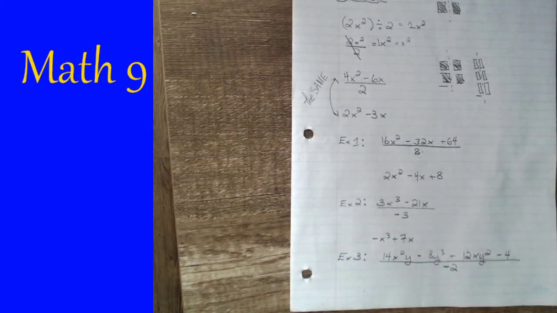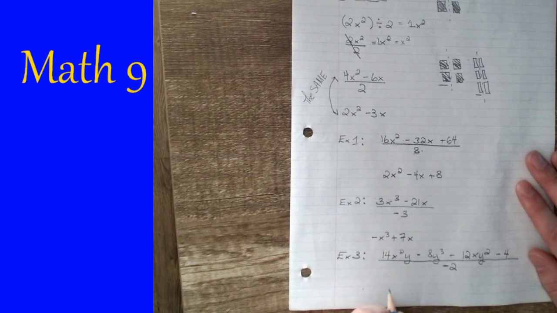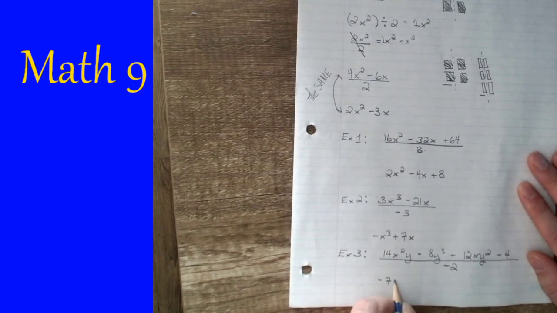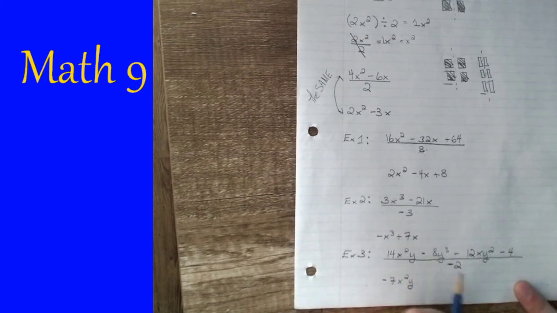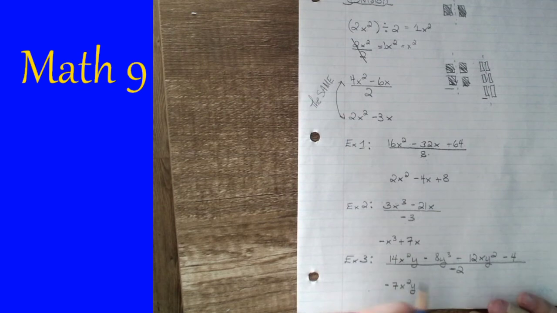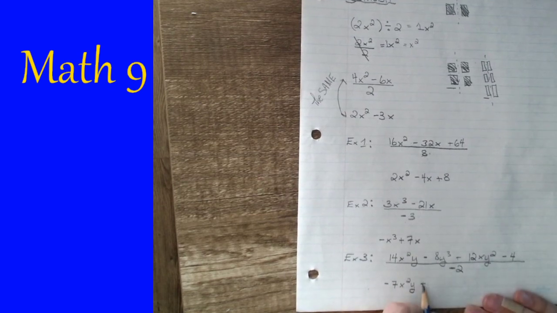So 14x squared y, that's going to get divided by negative 2. 14 divided by negative 2 is just negative 7. And I have x squared y. Next term, negative 8 divided by negative 2. That would be positive. So negative divided by negative, that would be positive 4y cubed.